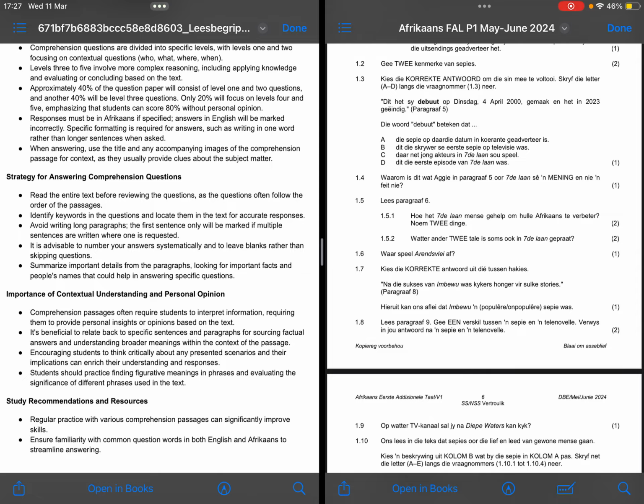And so if you have a limited amount of energy for your Afrikaans paper, you need to be using it very wisely. You need to be saving energy on your sentence structure and your sentence creation because you need to use it for identifying the correct answers. So keep your sentences short, keep them simple, and keep them correct. That's how we keep them correct, by keeping them short and keeping them simple.